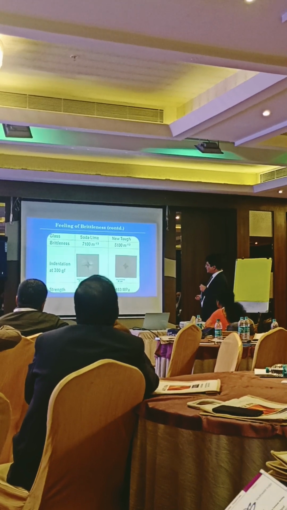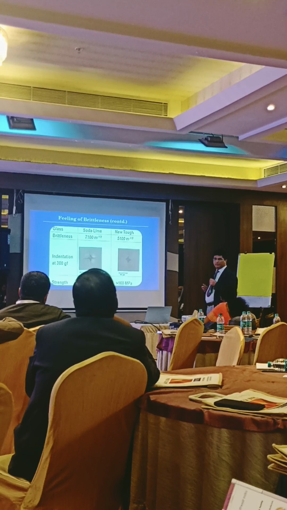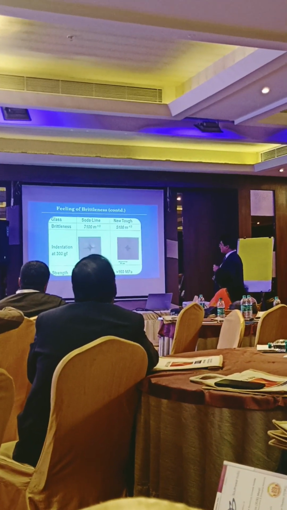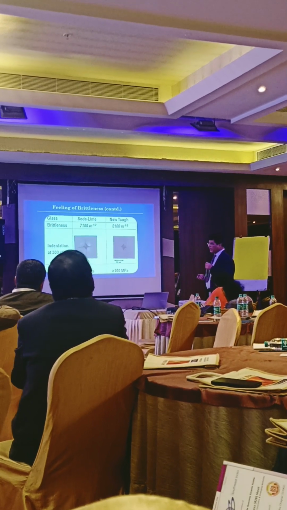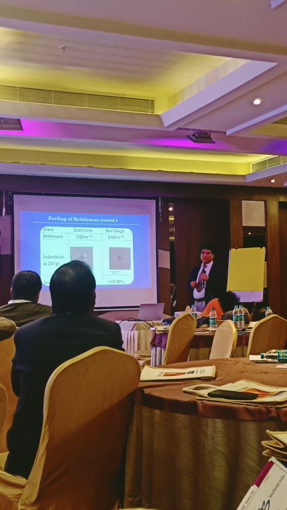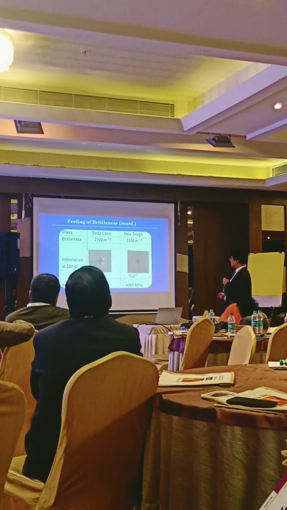And after indentation, we checked the strength of the glass by 4-point bending test, and for soda lime glass the average strength was about 60 megapascal, and the crack origin was from the indentation site.